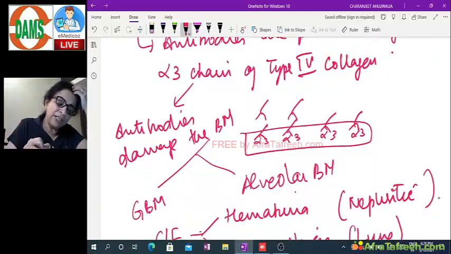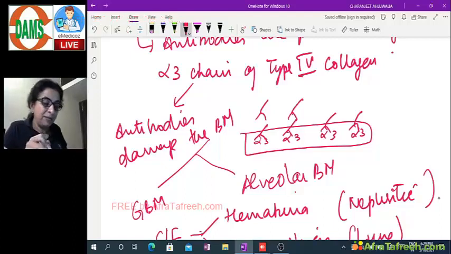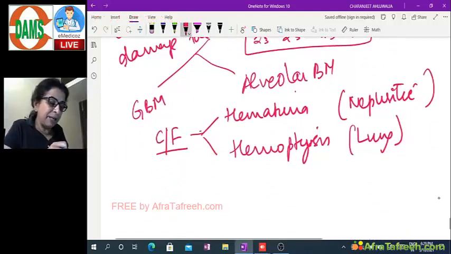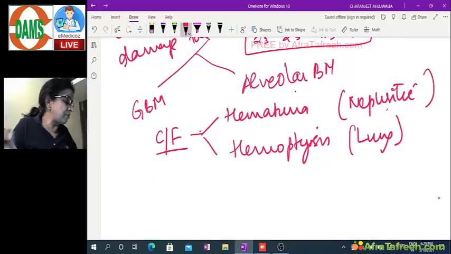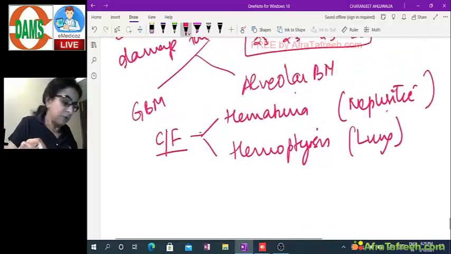It is a type 2 reaction because the antigen is fixed inside the basement membrane. If you remember the chapter of immunopathology, type 2 hypersensitivity reaction was when the antigen was fixed. Here the antigen is fixed in the GBM; antibodies travel to the antigen, attach to it and damage the GBM, producing nephritic syndrome. They damage the lung basement membrane, producing hemoptysis as well.